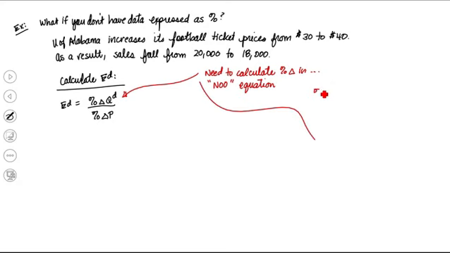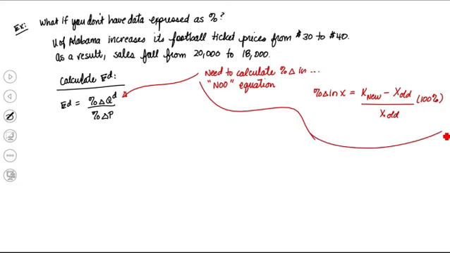So a percent change in X, whatever X is, doesn't matter, is going to be the new level of X minus the old level of X divided by the old level of X multiplied by 100%. So this is the new equation right here.